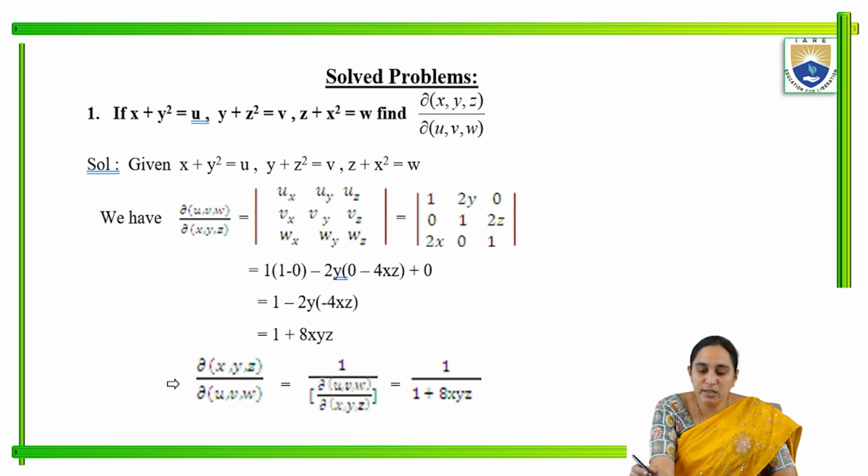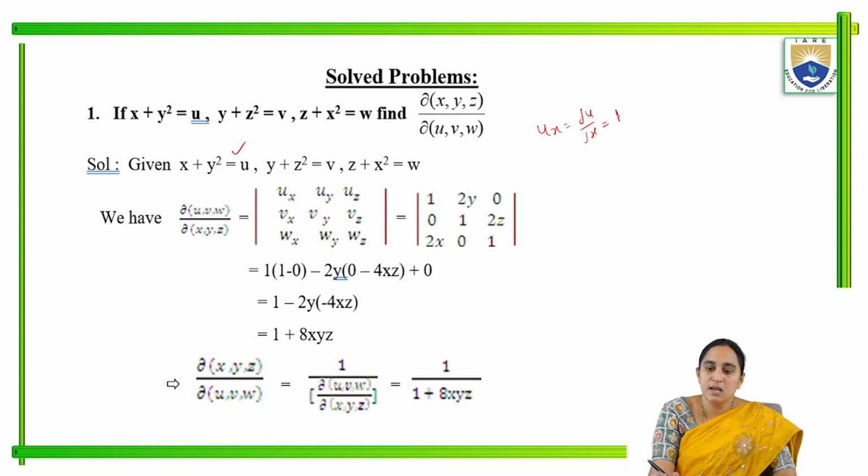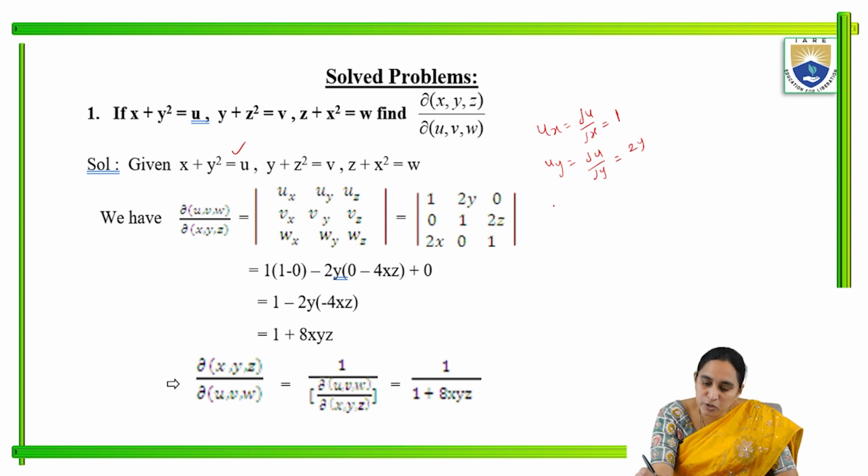Here, what is ux? ux means differentiate u with respect to x. What is u? x plus y square. The differentiation is 1. And similarly, uy, u differentiated with respect to y, is 2y. And next, what about uz? uz is equal to ∂u/∂z.